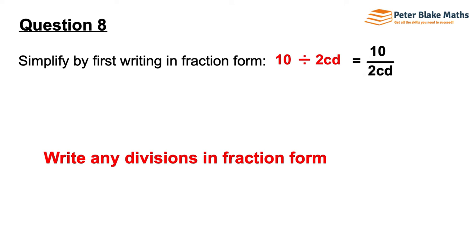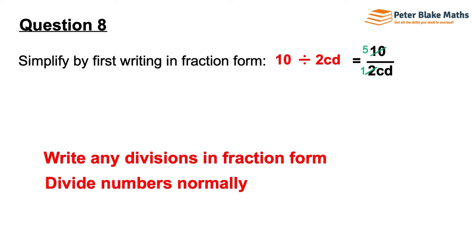When we divide by a term, it's like it's underneath in fraction form. We'll then divide the numbers normally. 2 goes into the bottom once and into the 10 5 times, leaving us with a 5 on the top and a 1 CD on the bottom. We don't have to write the 1 in, so we'll just write the CD down the bottom. Final answer, 5 over CD.